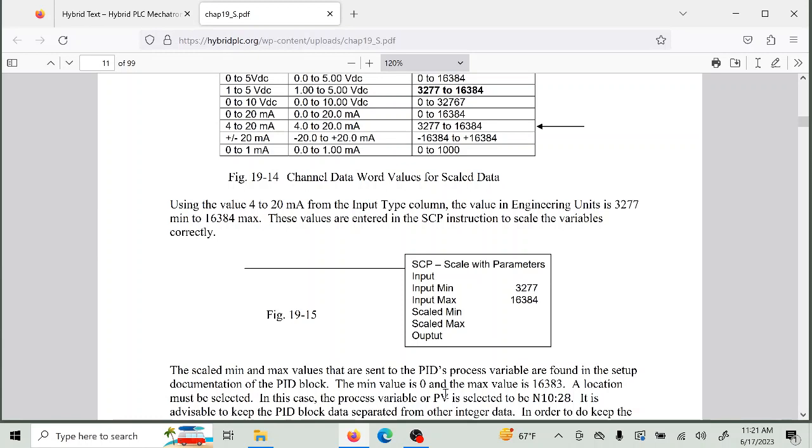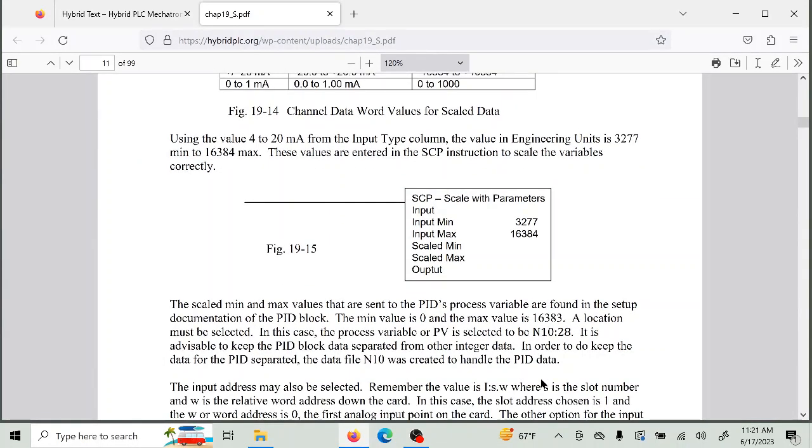With an integer, you have to have an implied decimal point someplace. With floating point, you can say 90, but you have as many decimals to the right as you need. You have seven decimal places. So with floating point, you don't have to worry about this scaling thing. But with integers, you do. You have to remember all this stuff in your head, or you have to write it down someplace. So integer PID is not good. But that's all we had for quite a while, so we had to do it.